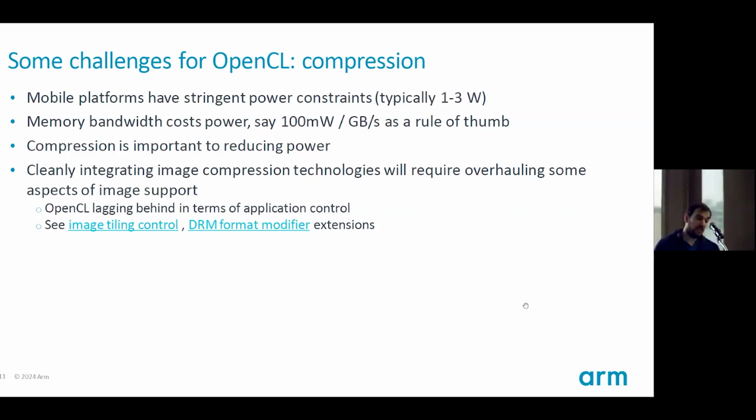Back to OpenCL and cleanly integrating those image compression technologies, I think it will need fairly extensive changes to OpenCL. Historically, a lot of control over how images are handled in hardware, many things have been fairly opaque, and I'm thinking of things like how the data is tiled in memory, how an application can reason about that, or how an application can reason about whether an image is compressed or not.